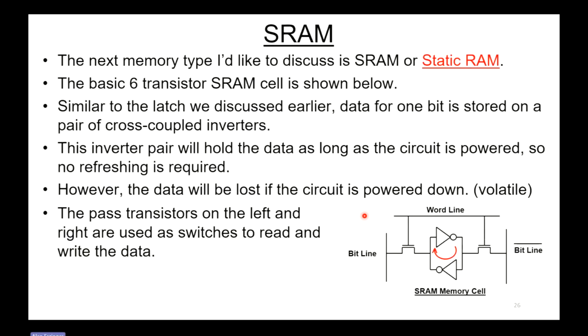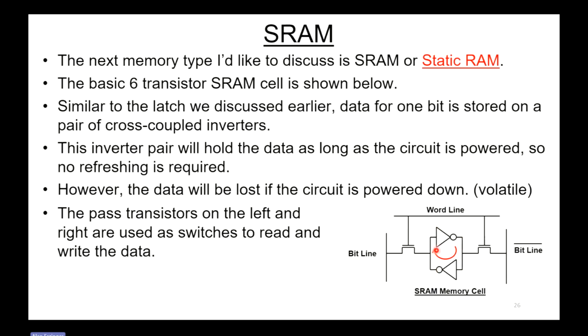The next topic is SRAM, and this stands for static RAM. And the basic 6-transistor static RAM cell is shown right here. We have our bit line and our word line, but now we have an extra bit line bar. It's just the opposite logically of the bit line value. And we have an inverter pair, that's very similar to that anti-parallel inverter we saw in a latch before.